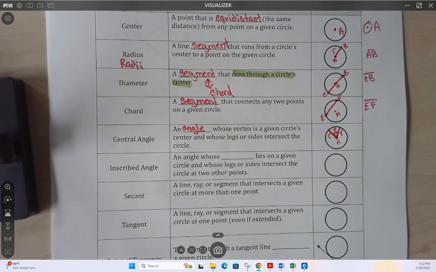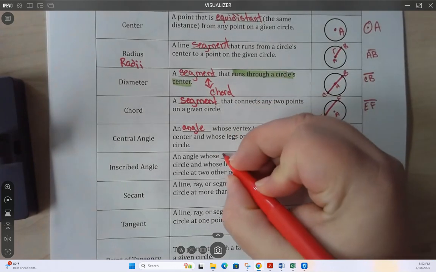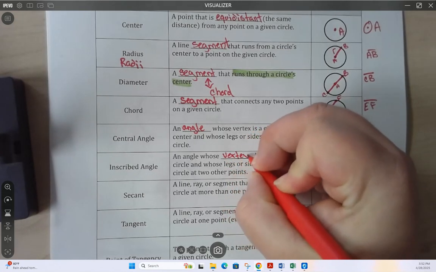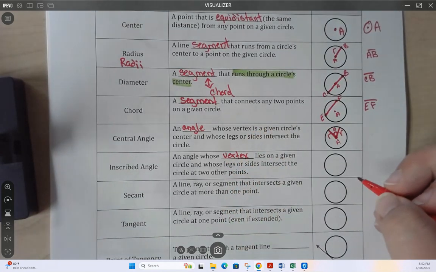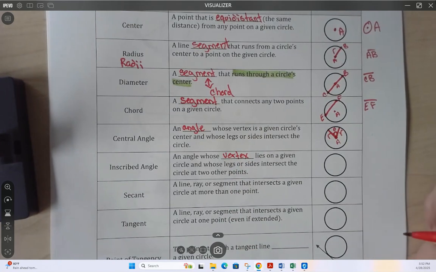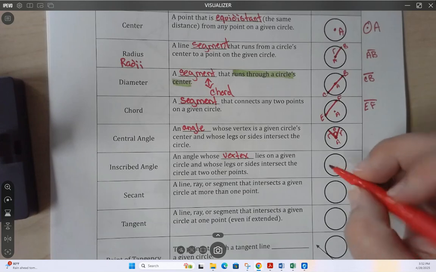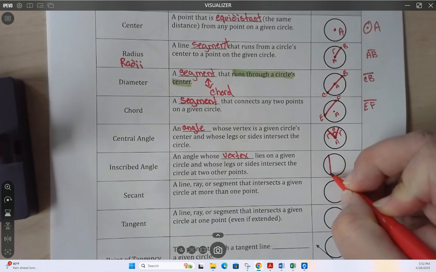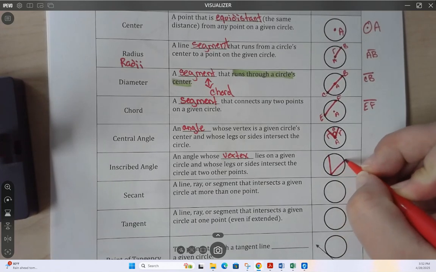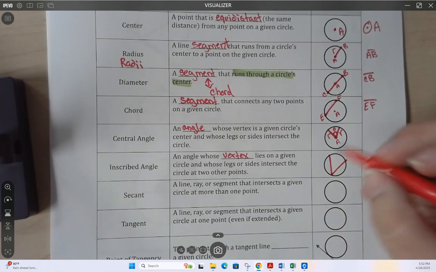Now, an inscribed angle, on the other hand, is an angle whose vertex lies on the given circle and whose legs or sides intersect the circle at two other points. So what this means is that it's an angle that is formed by two chords.